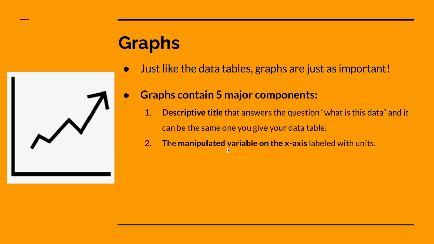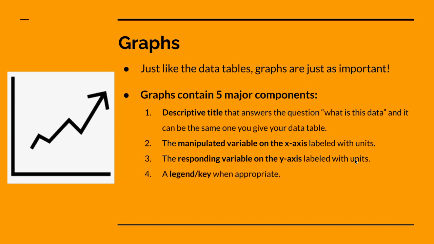It's not going to be altered by our responding variable, because our responding variable is going to be the one that we want on the y-axis, because that's how we're going to be able to read the data properly. It has to go on the y-axis, okay? So manipulated on the x, responding on the vertical y-axis, okay? So remember, horizontal is the x-axis. The vertical is the y-axis, okay?